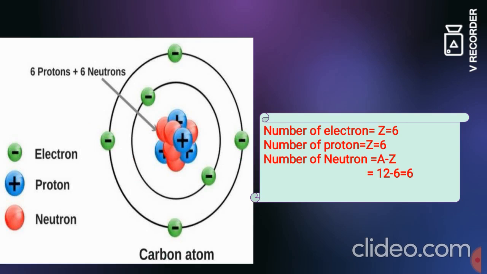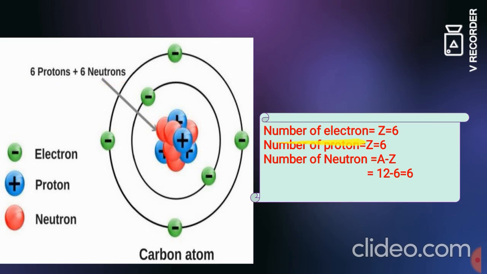The next example is the carbon atom. In the carbon atom, you can see 1, 2, 3, 4, 5, 6. So 6 electrons are present in the carbon atom, which revolve around the nucleus, and inside the nucleus you can see 6 protons and 6 neutrons.